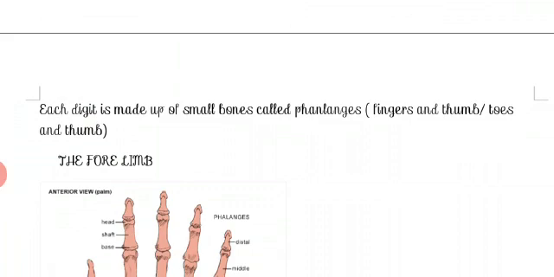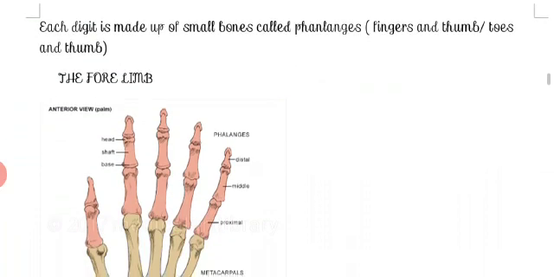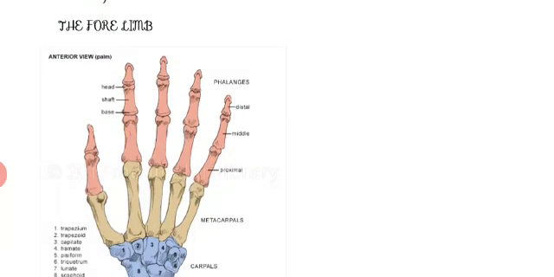Each digit of small bones are called phalanges. I mean those you have in your what? The bones you have in your fingers and the thumb, and the one you have in your toes and the thumb as well. The diagram is equally here to elucidate what we are talking about.